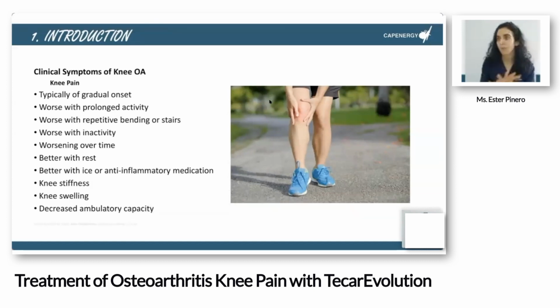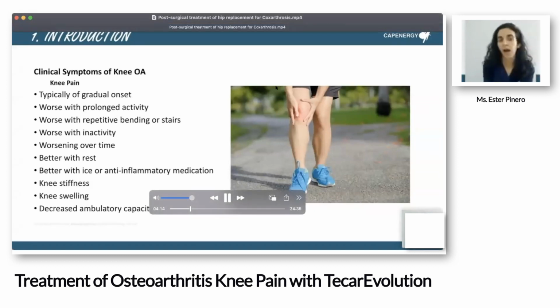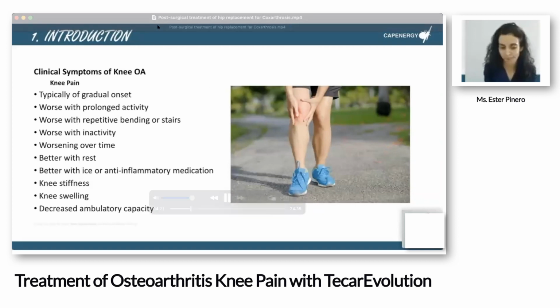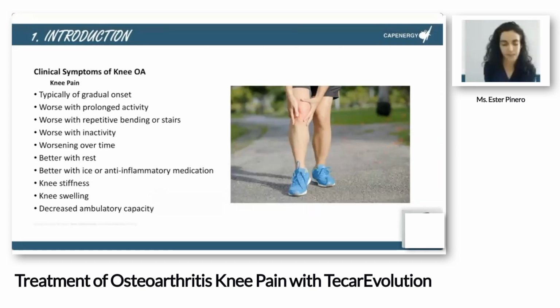Also, when the patient stops and rests, it can be worse, and over time it's worsening also. Normally, when we rest, it goes better, and it goes better with anti-inflammatory medication and with cold.